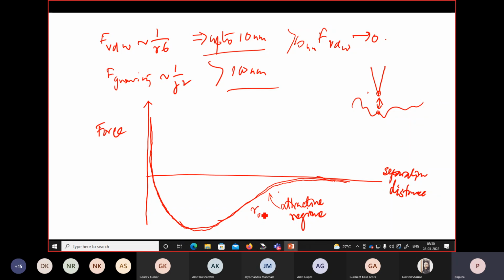And this is say R naught, of the order of 10 nanometer. Okay, this region, and you are going below that, right? So attractive force in physics, we always represent attractive force as negative and repulsive force as positive.